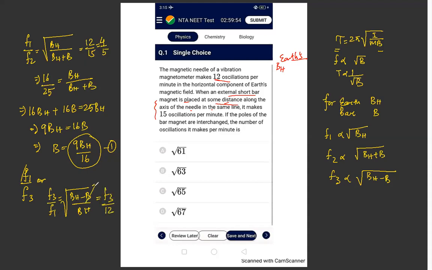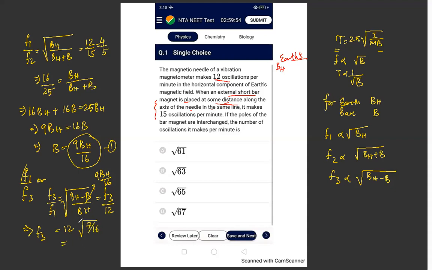Instead of B, we can write 9 BH by 16. So F3 is equal to 12, that is F1, multiplied with square root of 7 by 16. 7 by 16 comes out of this.